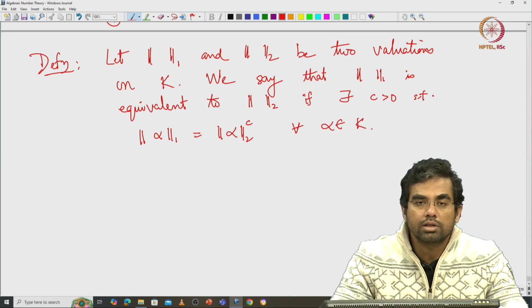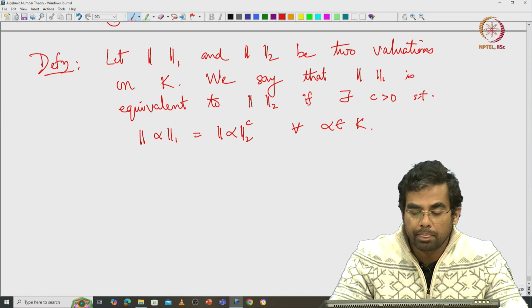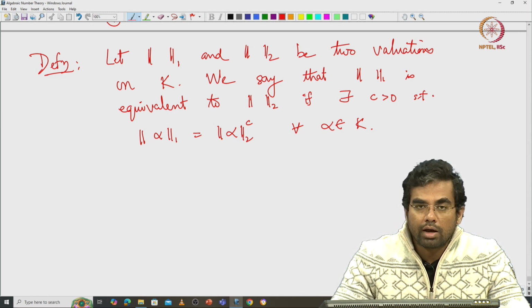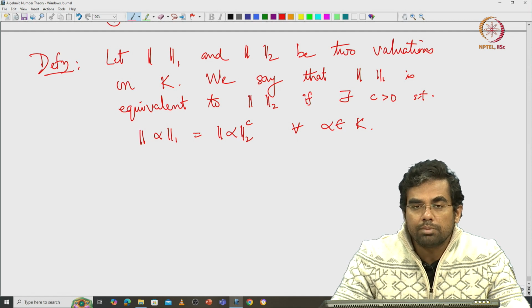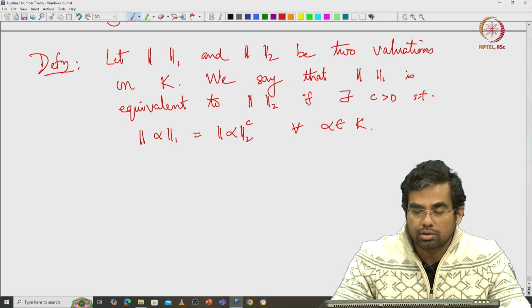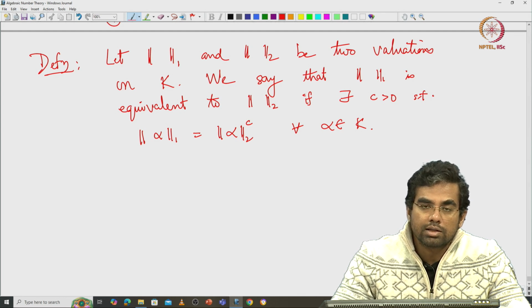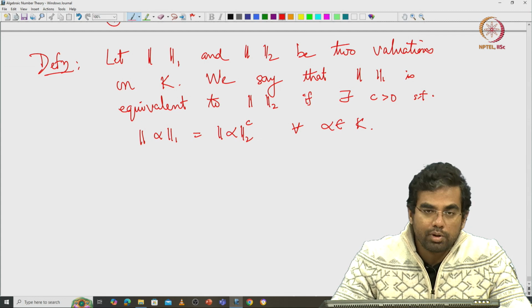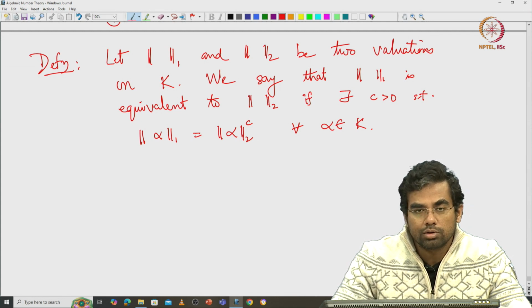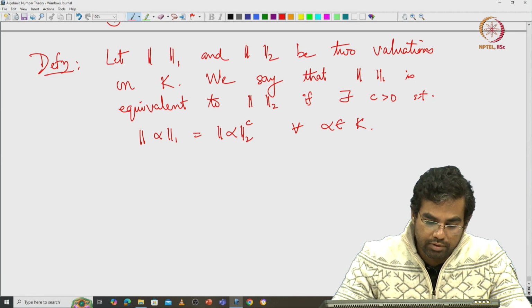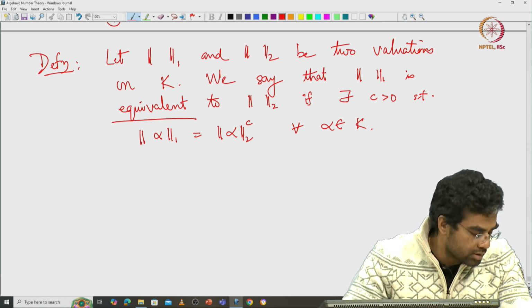So, this is when we say that two valuations are equivalent, because if you have a valuation and you raise it to any positive power, you still get a valuation, and that is a very cheap way of getting another valuation, and maybe it does not give you anything new, you might guess that, and indeed it does not, and that is why we define the notion of when two valuations are equivalent.